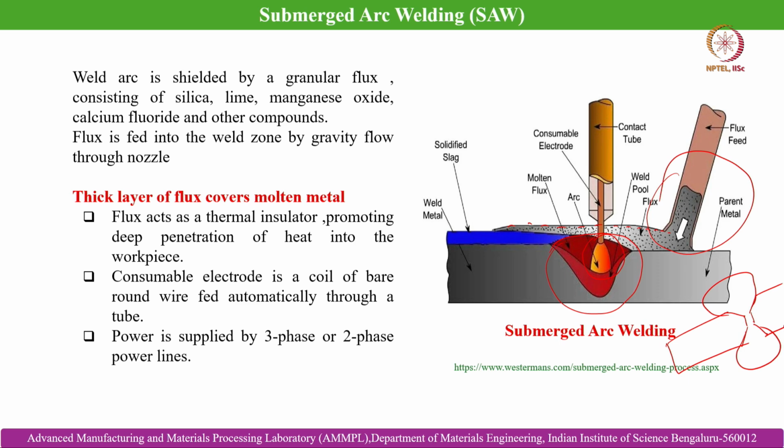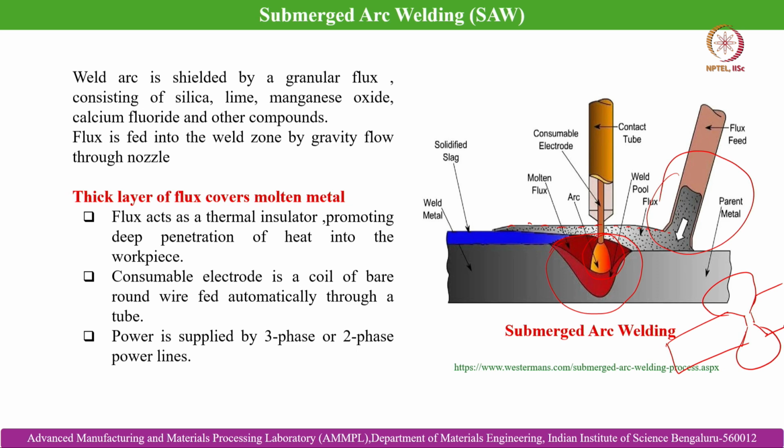Also, the consumable electrode used in this case is a coil of bare round wire fed automatically through a tube. As we have discussed earlier, the electrode can be a rod, or it can be mounted over a spool and fed like a wire to ensure continuous operation, because with rod type there may be some intermittent gap between changes of subsequent welding rods.